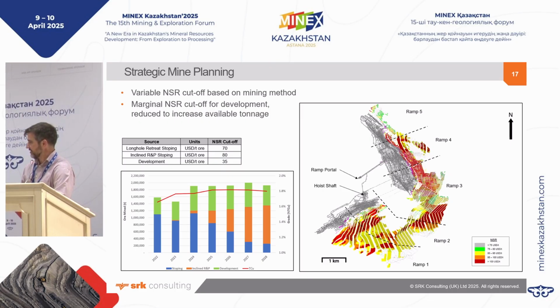Everything is compared like for like. They're all based on the same metal prices, the same logic, with variable capital and operating costs applied for the mining method and the process method. We're able to see on a comparative basis how the NPV compares between the different options, how that changes for a single option with a changing cut-off grade or NSR cut-off, what that does to the mineral inventory, and what that does to the grade.